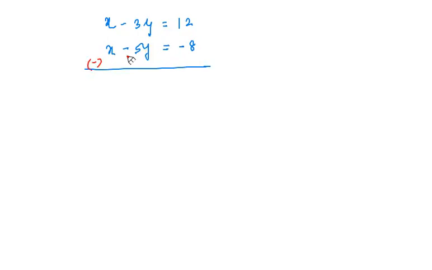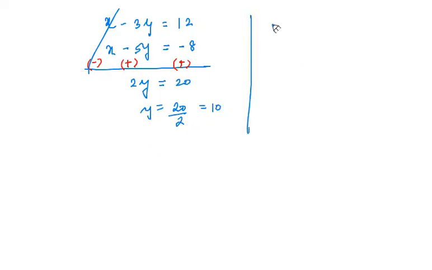Plus X becomes minus X, minus 5Y becomes plus, and minus 8 becomes plus. So X minus X is 0. Minus 3 plus 5 is plus 2Y. 12 plus 8 is 20. So Y is 20 by 2, that is 10.